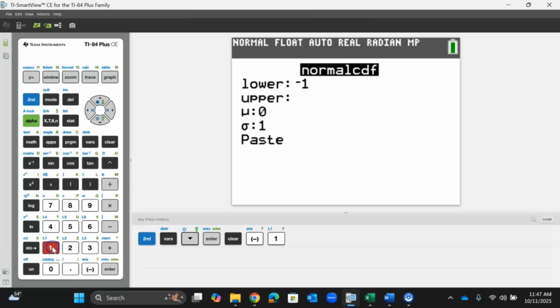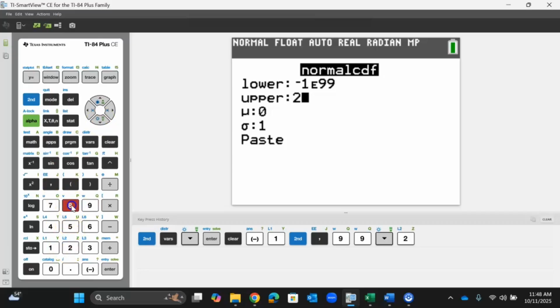Then I'll press 1, then second, and then the comma key, which is located right above the 7. And then we will do 9, 9. For those of you, again, with the older calculator, you would press the comma key next to separate it from the lower bound and the upper bound. For those with the newer calculator, we'll press down and go and enter it in the upper bound.